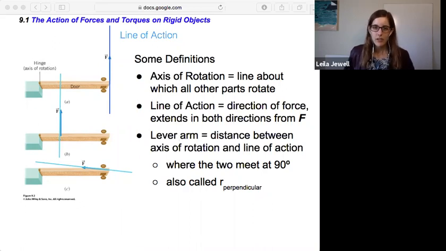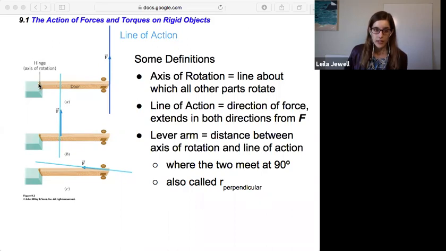Now, why do we care about this line of action? Well, the reason we care about the line of action is because of something known as the lever arm. So the lever arm is the distance between the axis of rotation and the line of action. It's where the two meet at a 90-degree angle. It's also often called R perpendicular because of this 90-degree angle.